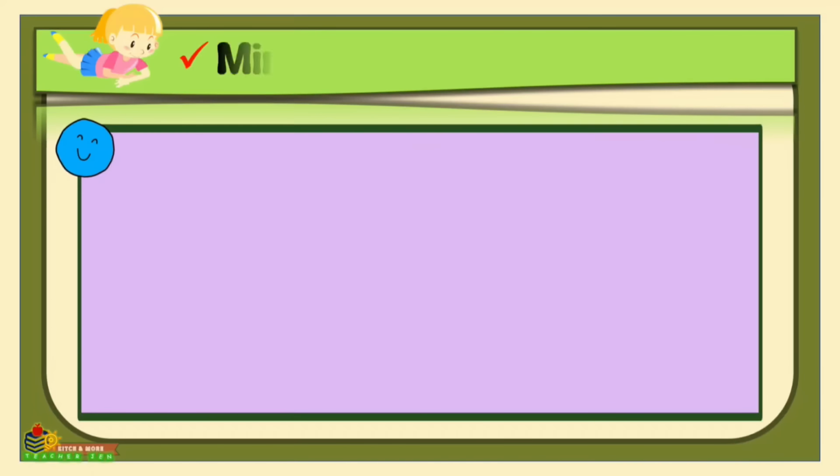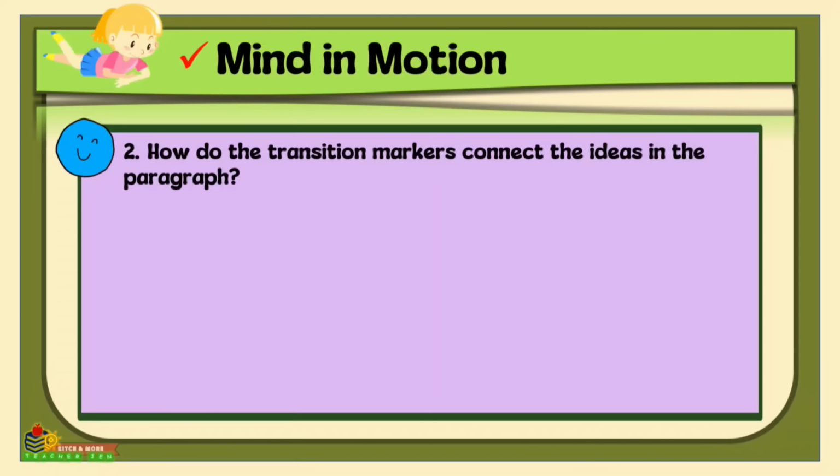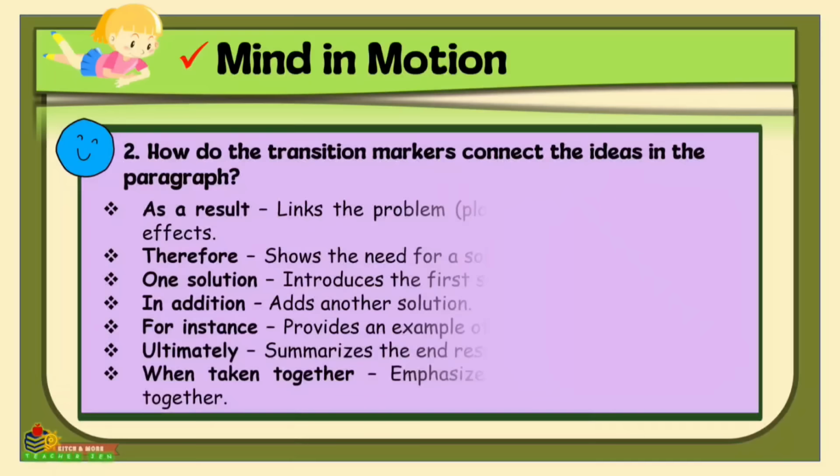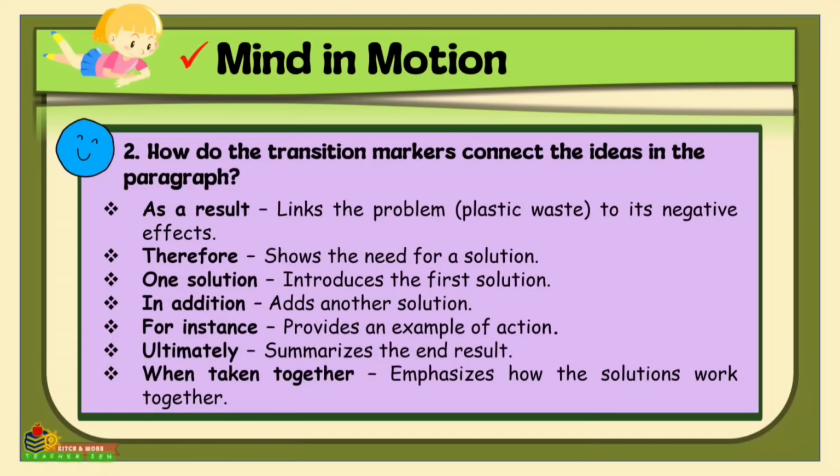Number 2, how do the transition markers connect the ideas in the paragraph? Here we have first, as a result, links the problem, which is the plastic waste, to its negative effects. Therefore, shows the need for a solution. Then, one solution introduces the first solution to the problem.